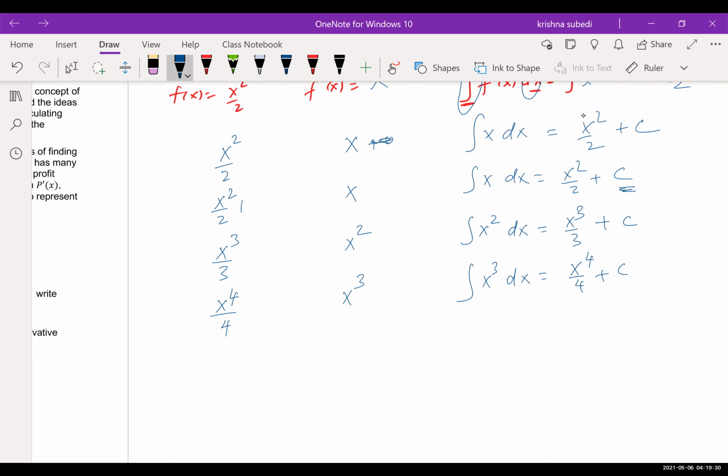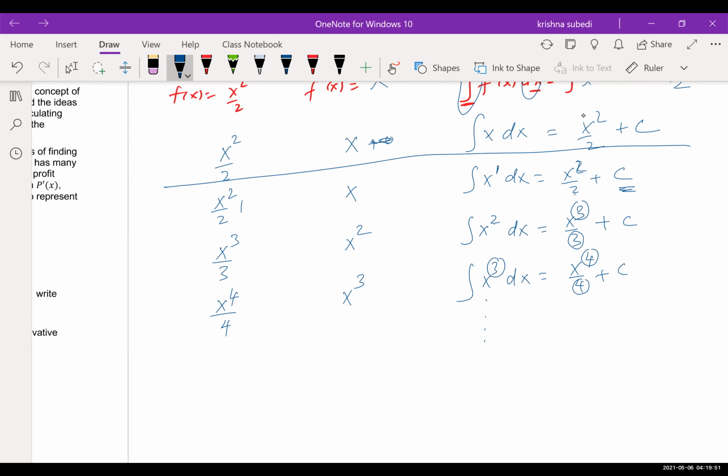Now look at the pattern. When we have x squared there, we have 2 on the bottom. The power is 2 and at the bottom 2. When we have 3 there, we have 3 there. When you have 4, we have 4 and 4.